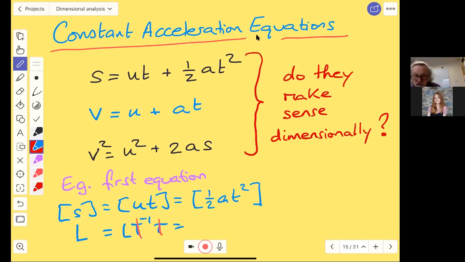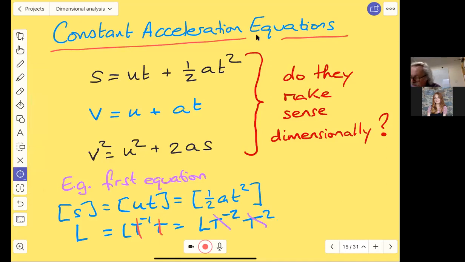And here the half is a dimensionless geometric number. A has got dimensions LT to the minus 2, and t squared has dimensions of t squared. And again, in the same way, t to the minus 2 and the t squared cancel. So all three of these terms have got dimensions of length. So again, we are happy.